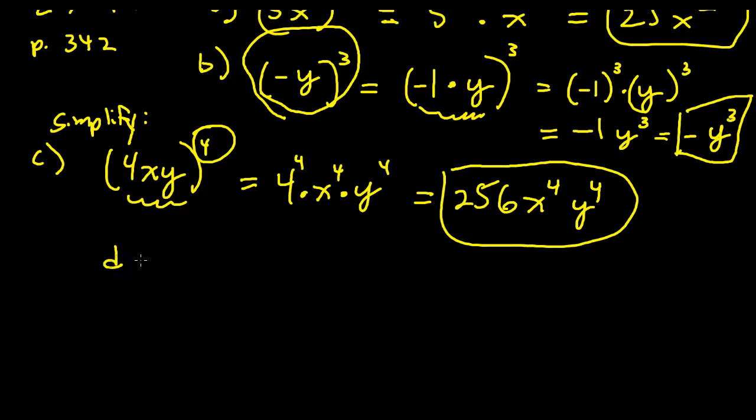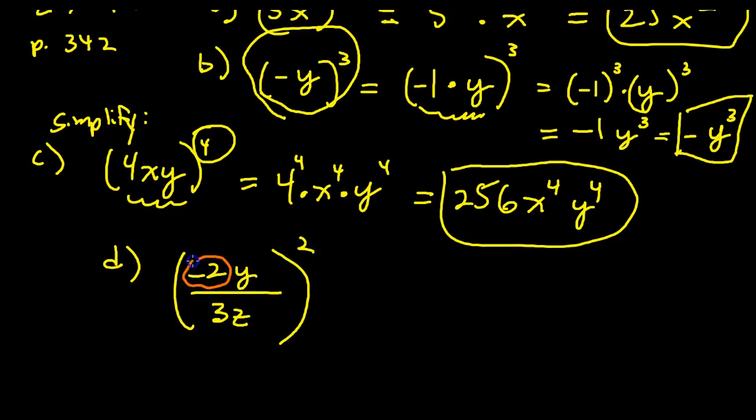Again, example 12, part D. Let's say here we've got minus 2y over 3z. That's the base of this exponent expression. And of course, the expanded power rule for exponents says I can then distribute my exponent over all 4 factors of that product and quotient.